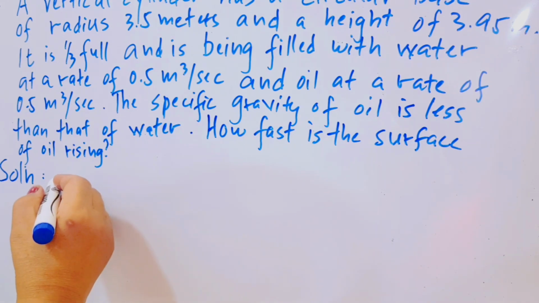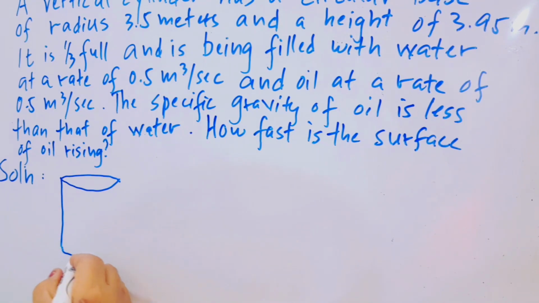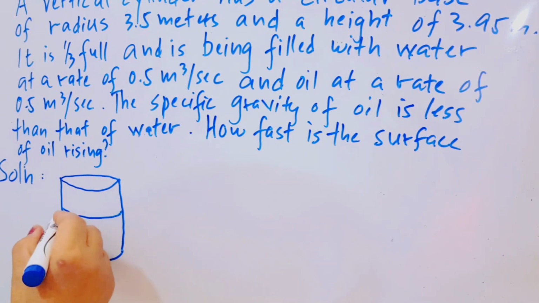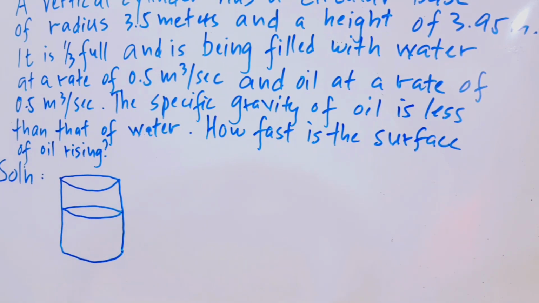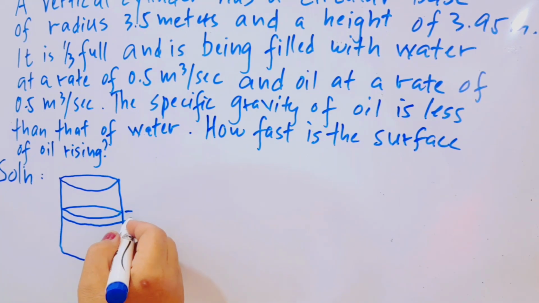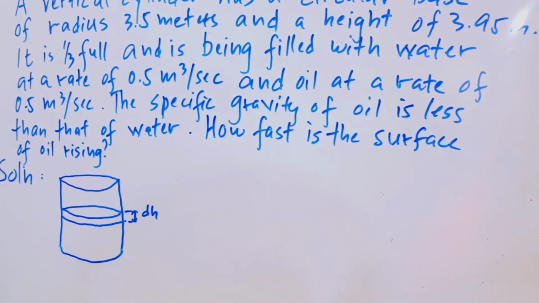If we draw the cylinder, and here is the water, we have this dh, because we're looking for dh, the height.